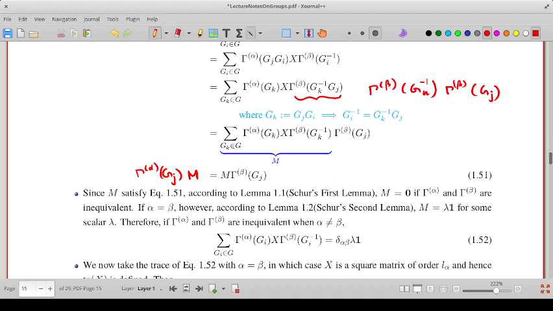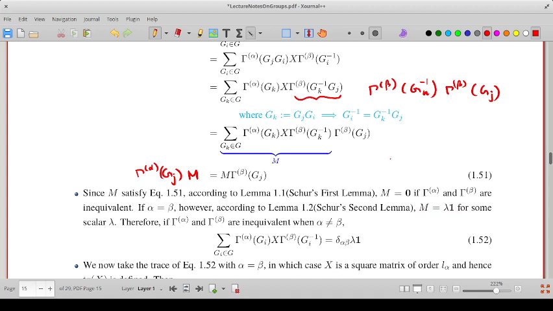However, if gamma alpha and gamma beta are the same representation, so that alpha equal to beta, then we can use Schur's second lemma, which would say that M should be a multiple of the identity matrix. So it should be some factor lambda times the identity matrix.